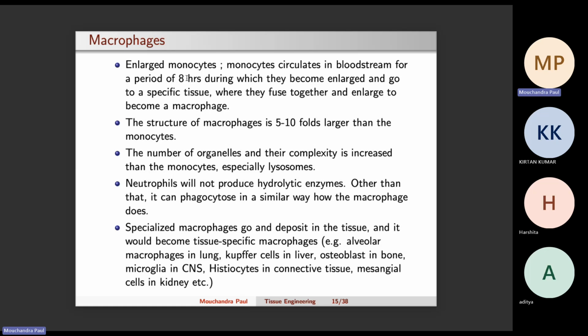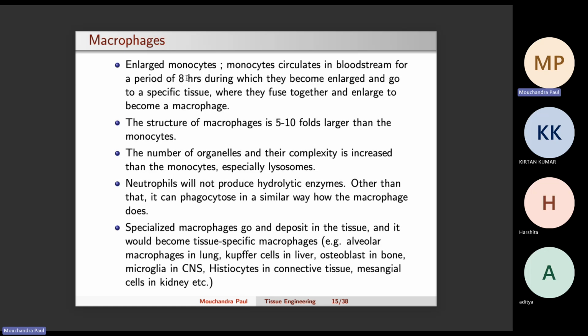Many monocytes fuse together and become a large macrophage, around 5 to 10 folds larger than a single monocyte. So not 2 or 3 monocytes, minimum 5 monocytes have to fuse in order to become one macrophage.